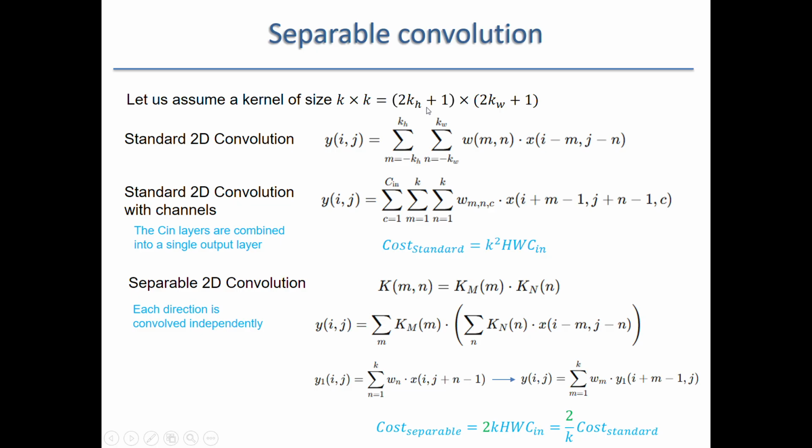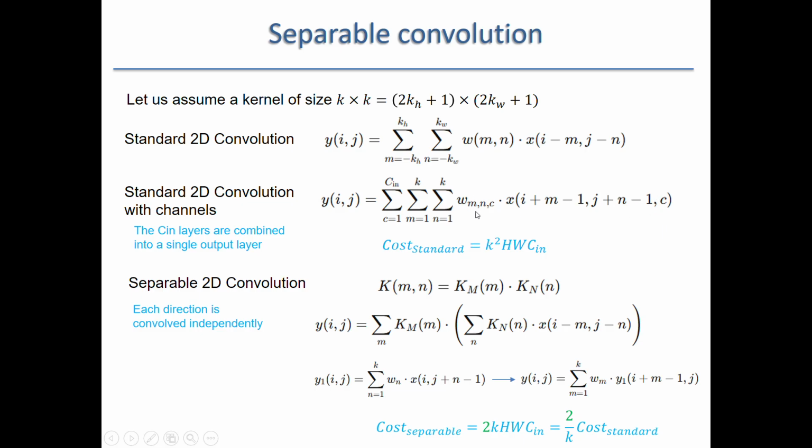So what happens if we have channels? Now if we have channels, then we add an extra summation, and now each output pixel is a combination of the input pixel at that location and all channels.